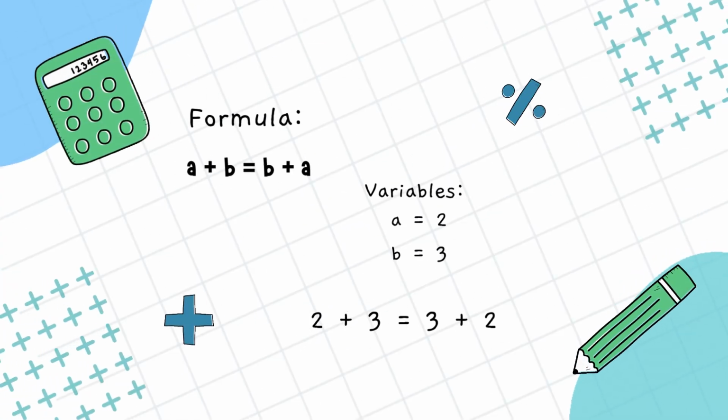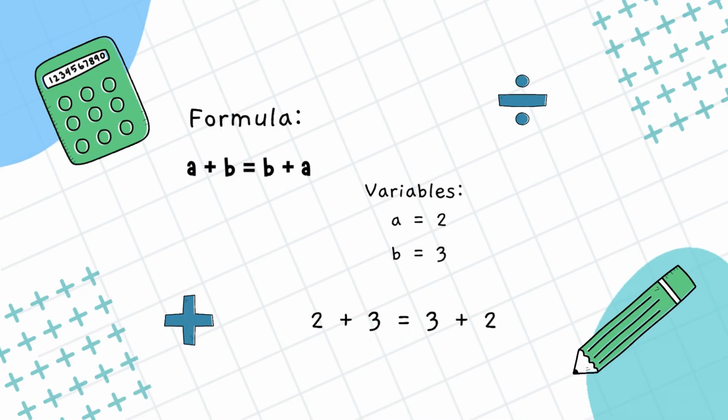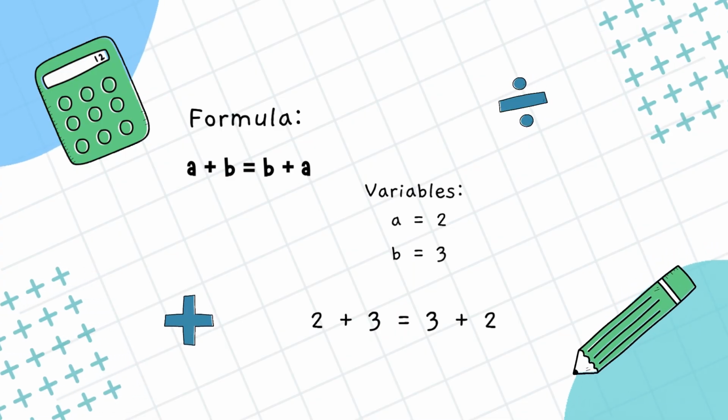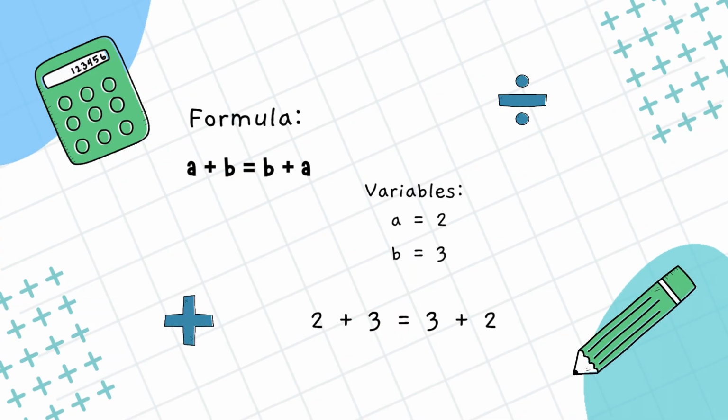For example, if we let A equal 2 and B equal 3, then we have our original example, 2 plus 3 equals 3 plus 2. Remember, A has the same value throughout the equation, as does B. Both, however, may change from one problem to the next.